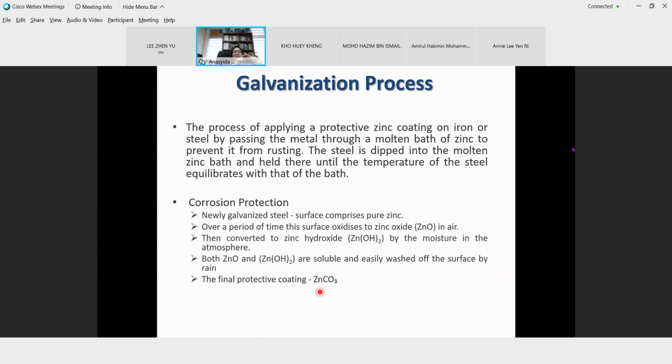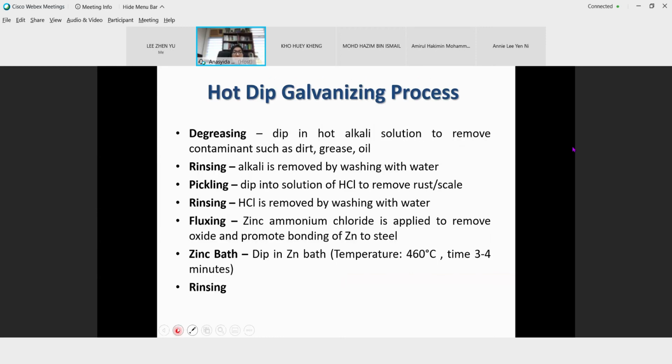Maksudnya dia tak expose the steel. You still have the corrosion products on the top of the steel. Even though it is already no more pure zinc, it becomes another product. So at least they can protect it from exposing the steel.